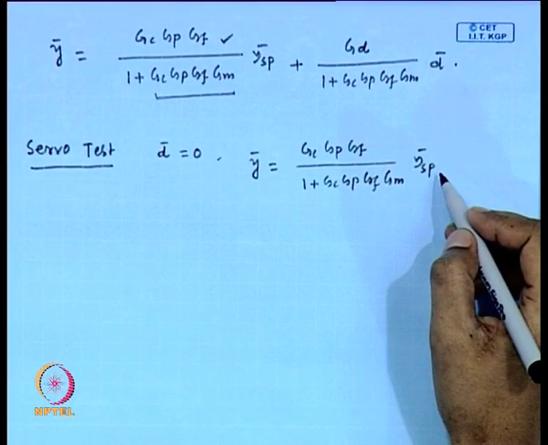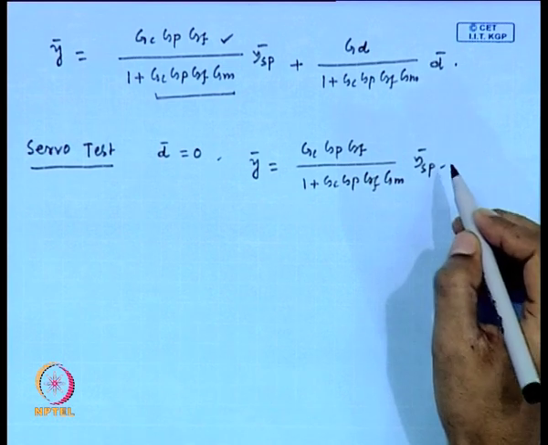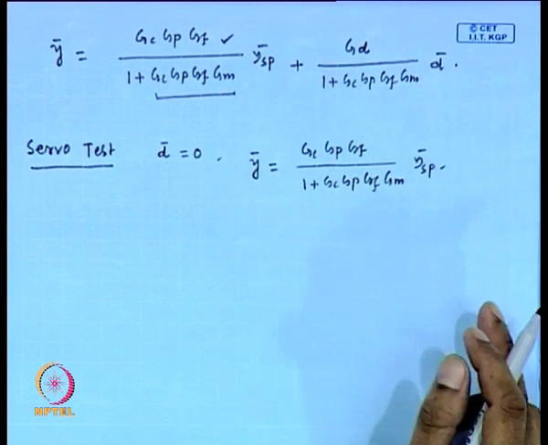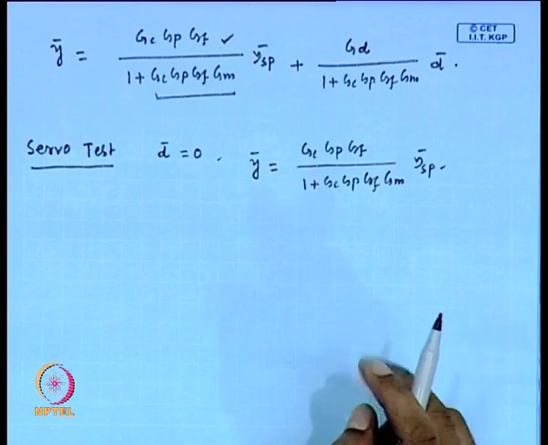This is the closed loop transfer function for the servo problem. Now, introducing a step change, maybe a sinusoidal change in y set point, and by taking the inverse Laplace transform, we can know the transient response y(t). By that way, we can test the controller.